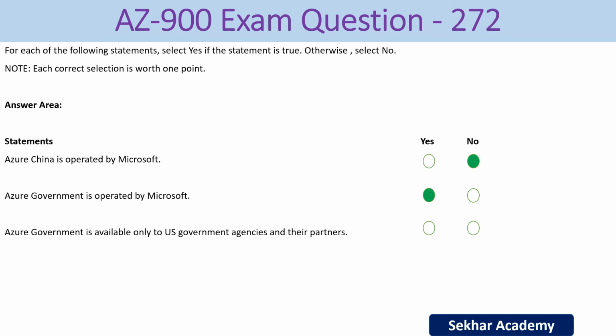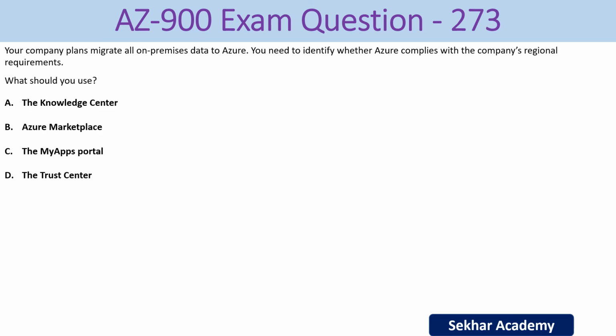Next statement, Azure Government is available only to US government agencies and their partners. The right option is yes. Currently, Azure Government is available only to US government agencies and their partners, the contractors. So it is only available in the US region. The option is yes.